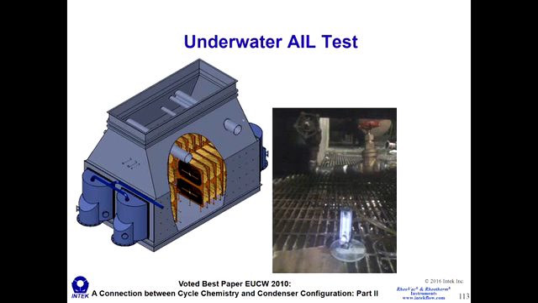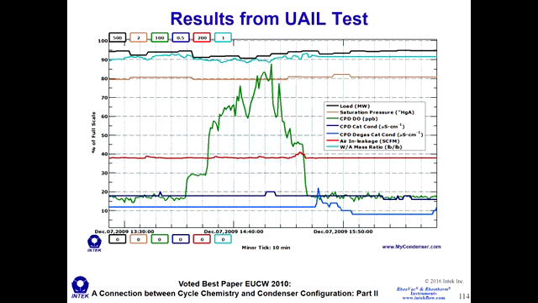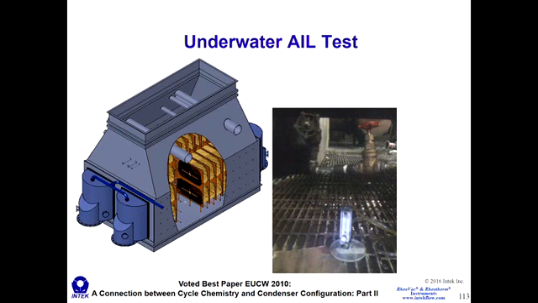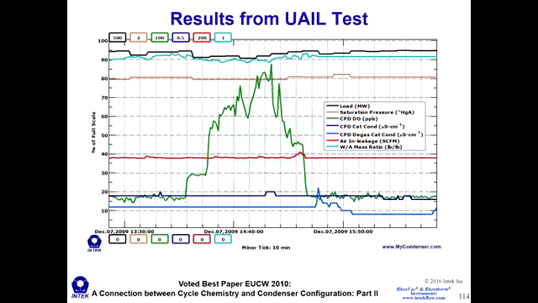Here's the response of that particular test, where we increased air in-leakage into the stream by only, I think it was a few SCFH, and you can see a humongous spike in dissolved oxygen and not much change in the cation conductivity here.